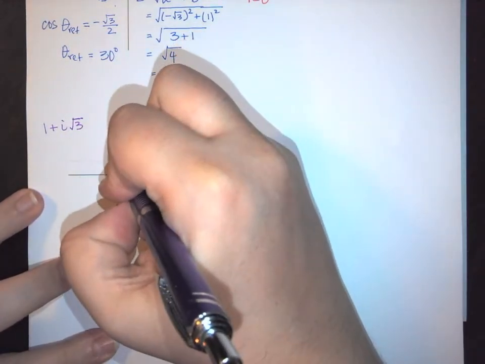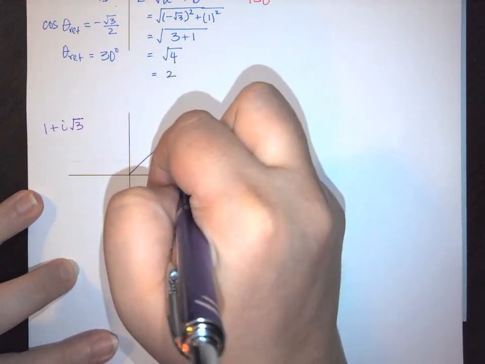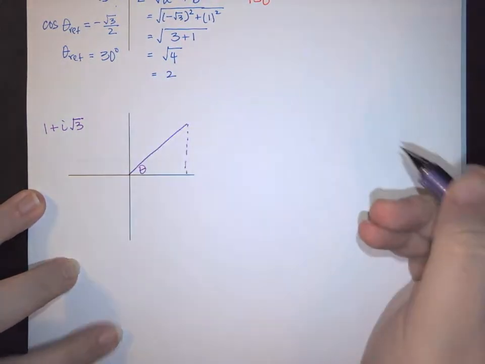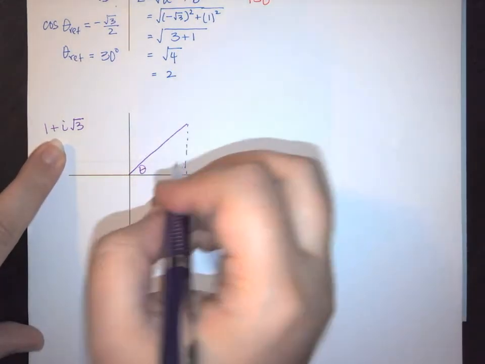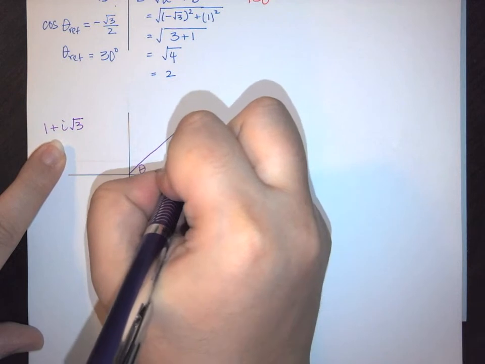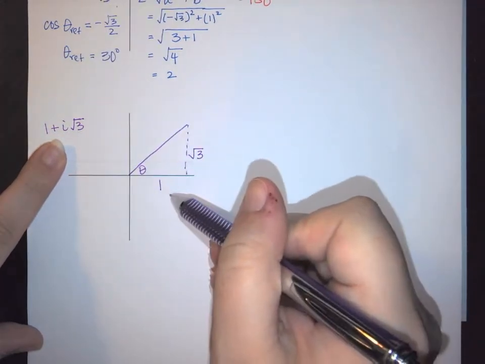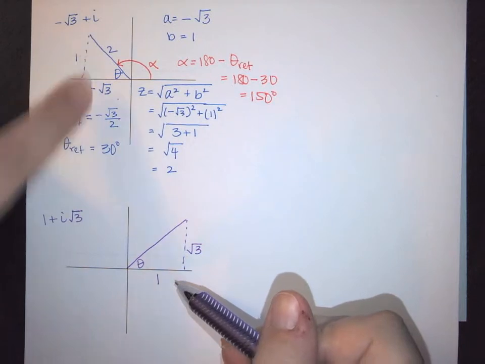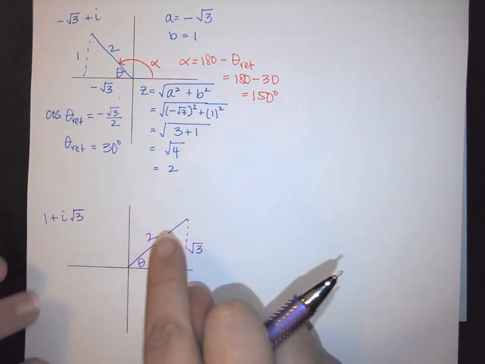So we're going to draw that triangle here. This again is going to be our reference, and here we're going to end up with 1 and square root of 3. If you notice, this is very similar to the triangle we just had, and so my radius again ends up being 2, or the z value here ends up being 2.